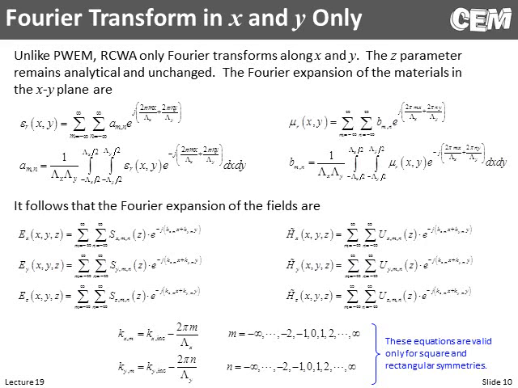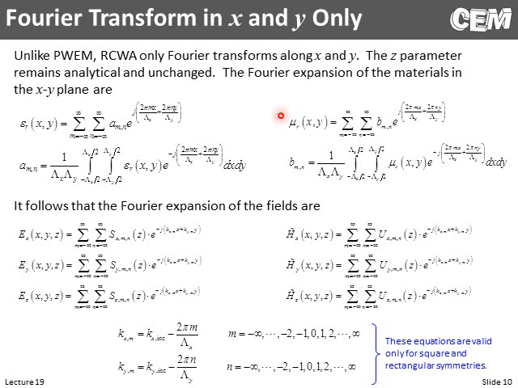Given that we are in a z-uniform media, it's uniform in the z direction but periodic in the x and y directions. So, in terms of the materials, we're only going to expand into a complex Fourier series in the x and y directions, not the z direction. And that's the big difference with what we did in the Maxwell's equations in Fourier space lecture.